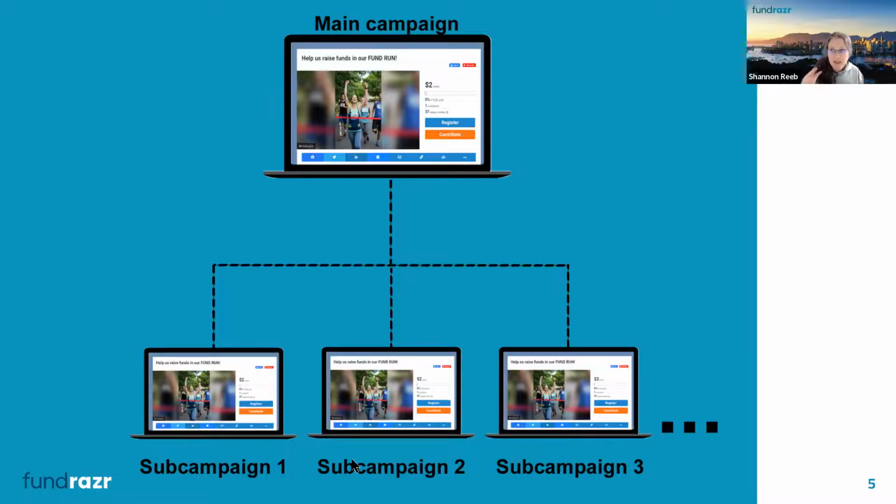And in theory, yes, it would be helpful. However, we've been working with online fundraising for a while, and believe me, it would get very confusing if we allowed more than 2 tiers. But there's always ways to work your story, to work your ask, your goals into these 2 tiers, main campaign and sub-campaign.